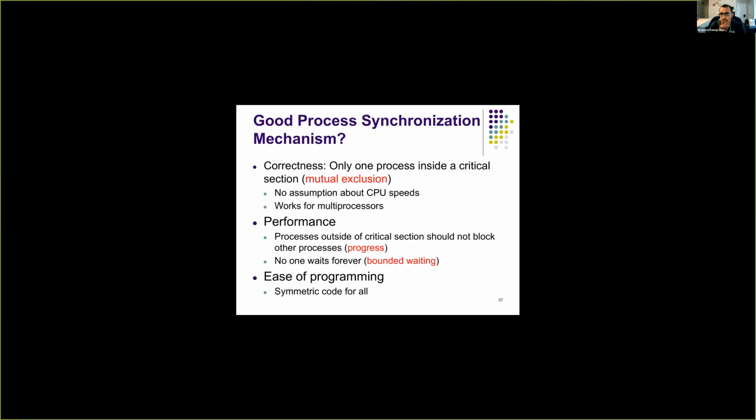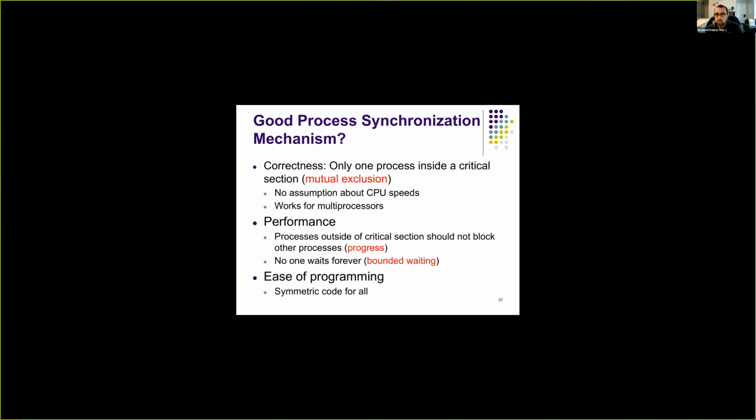So to summarize, a good process synchronization mechanism should have three properties. The first one is correctness. We should ensure that only one process is inside a critical section. This property should be independent of the CPU speeds, so we should not be making any assumptions on the CPU speed.